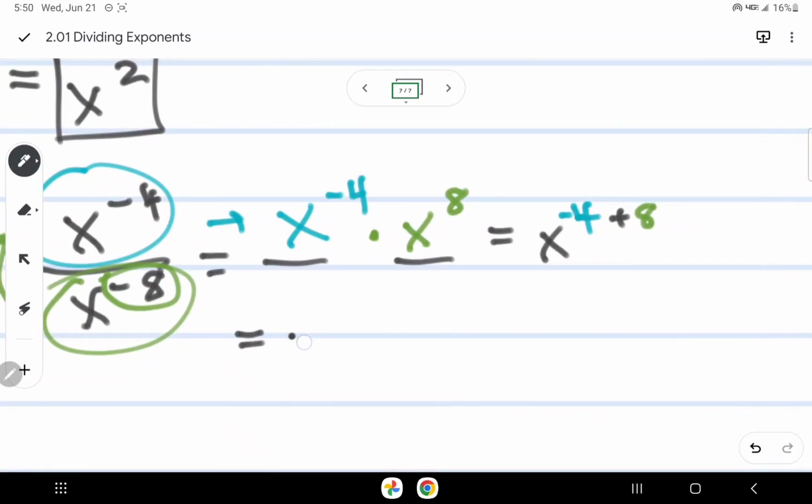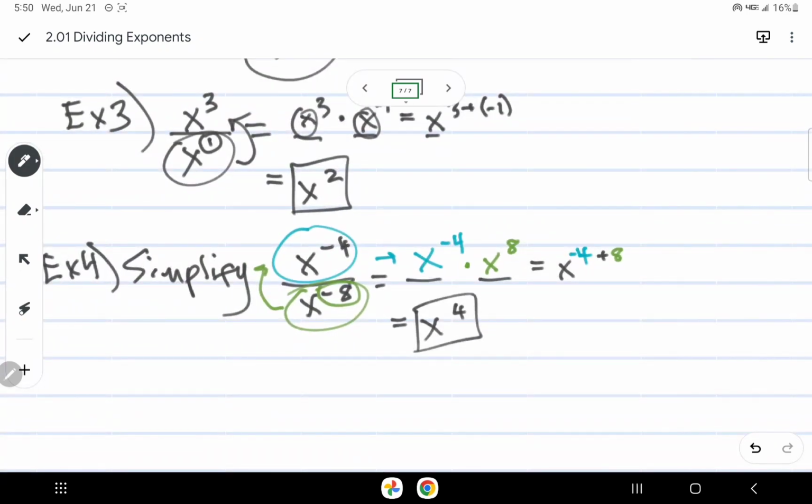So this whole thing is just equal to x to the power of 4. Once again, you're more than welcome to pause this video, slow it down, whatever you'd like to do to make sure you're able to better understand what's going on.